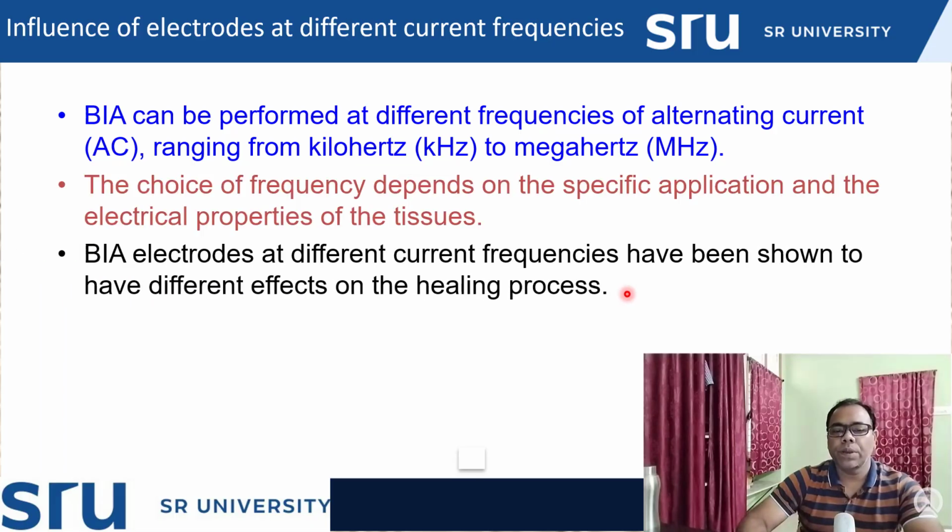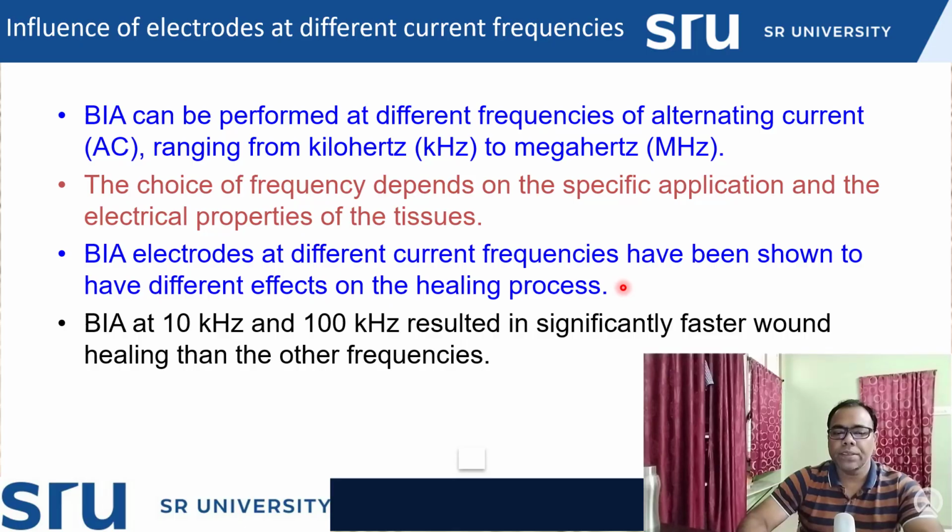Similarly, electrodes at different frequencies have been shown to have different effects on the healing process. That's why we are gathering information about the healing status. Based on the information received, the doctor can start the treatment process.